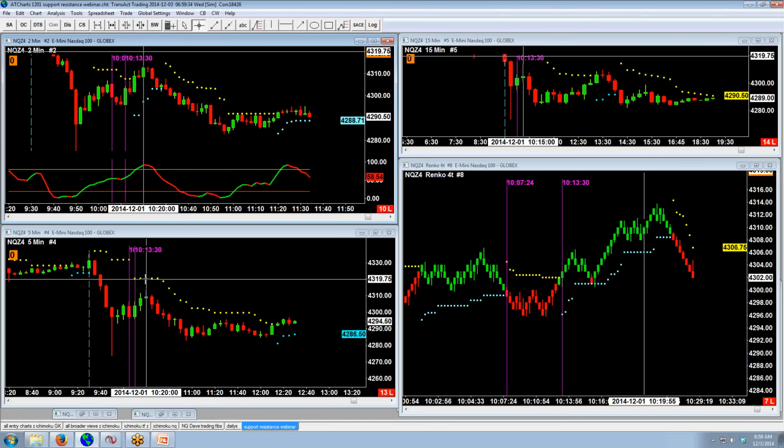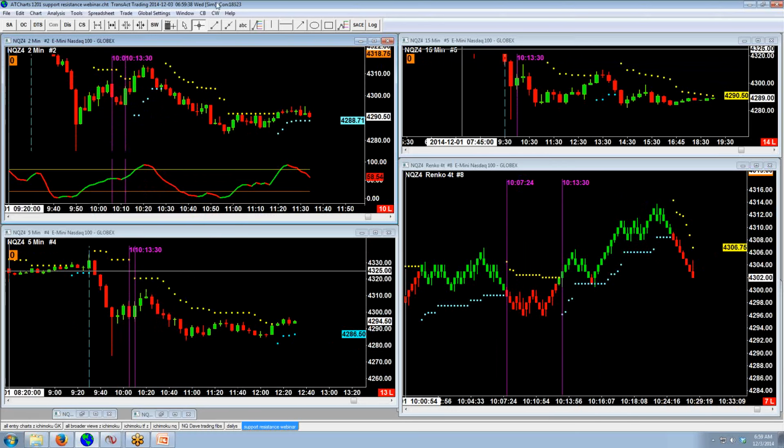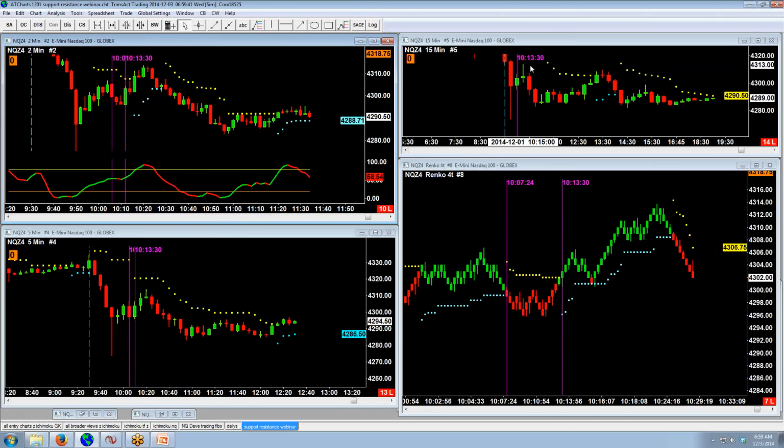Over here on the 5-minute chart, they're at 1975, and over here on the 15-minute chart, they're pretty far away. So my first concern would be coming up to the dots here at this 750 area on this 2-minute chart in the upper left.